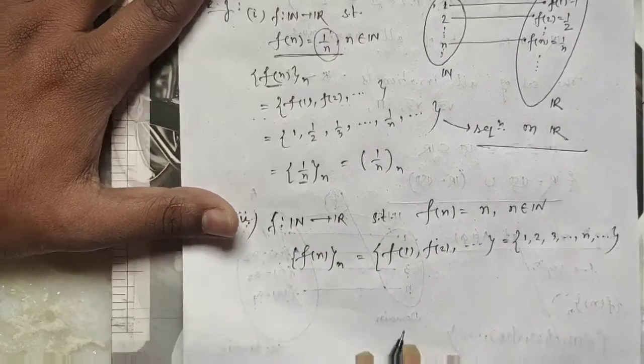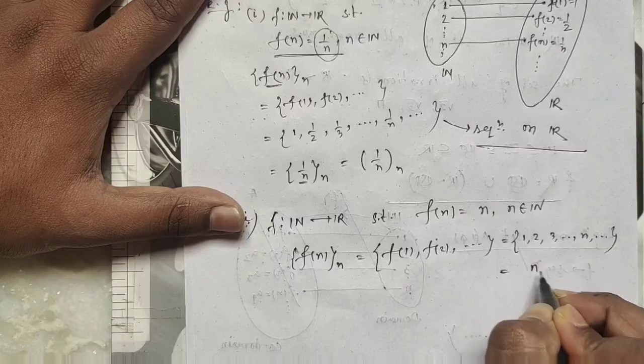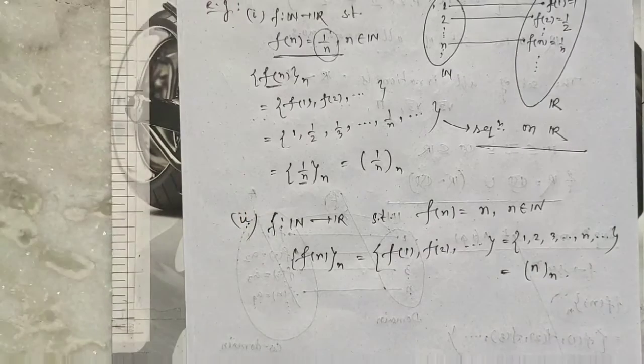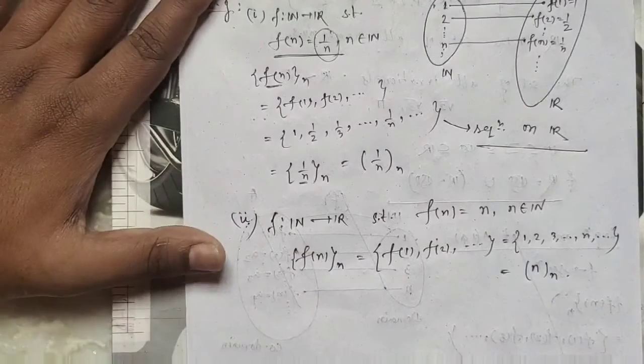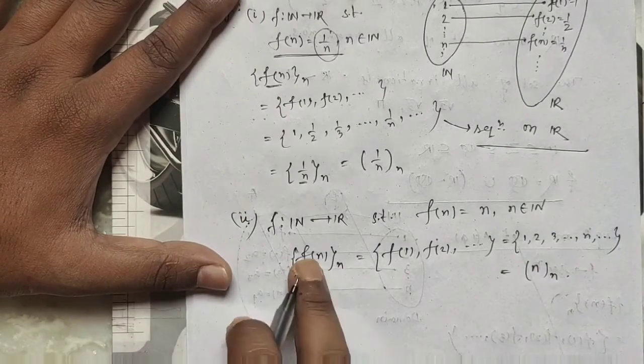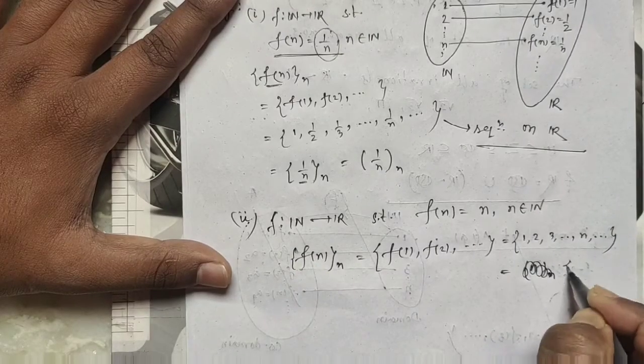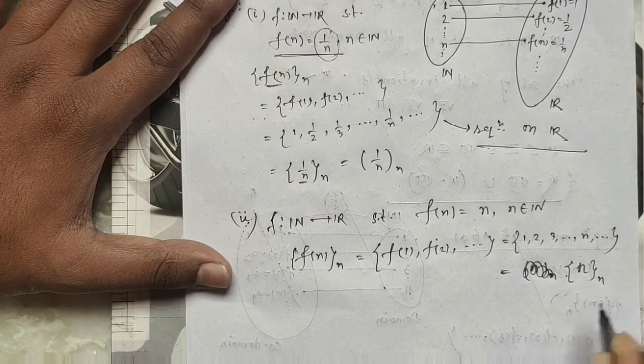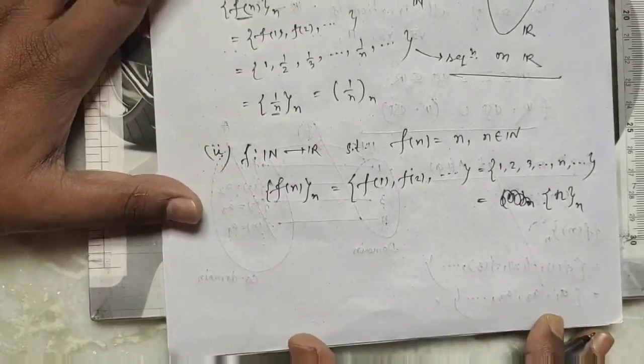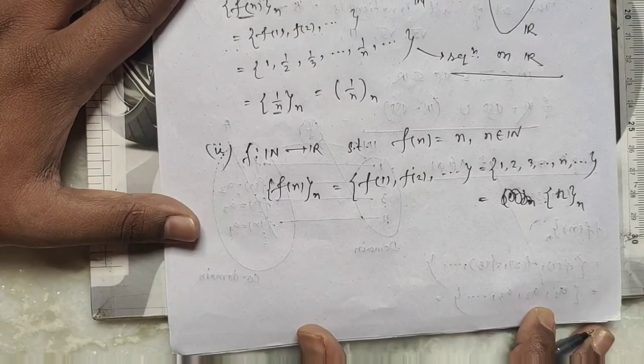This is denoted as n. So we replace f n by n. Clear?